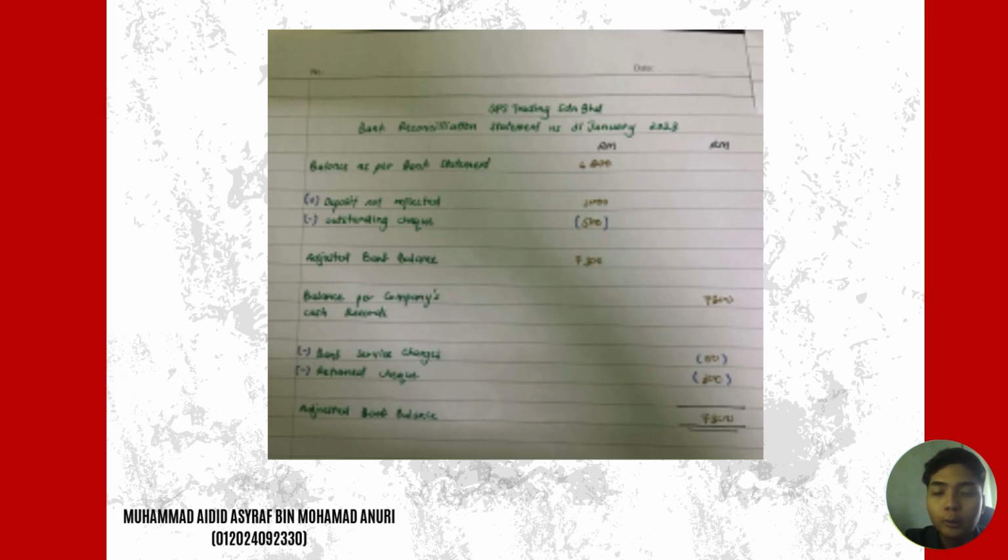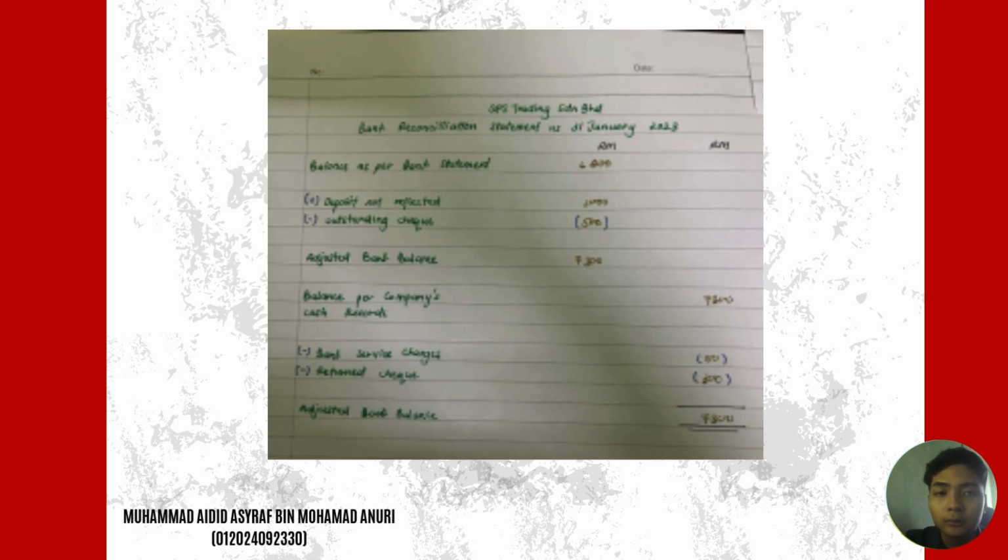First, we put the balance as per bank statement, then we plus the deposit not reflected and minus the outstanding check. Then we get the adjusted bank balance. After that, we calculate the adjusted book balance, where they give the balance for the company cash record, and then we minus the bank service charge and minus the returned check, and then you get 7,300.